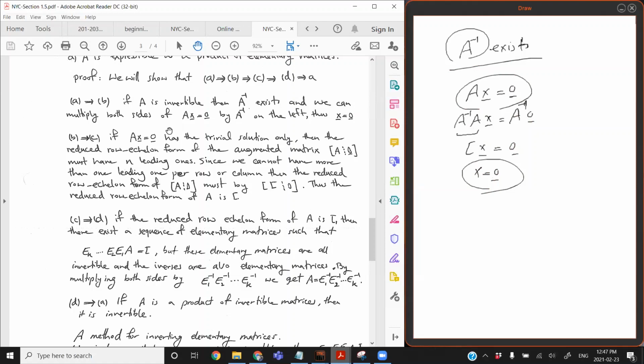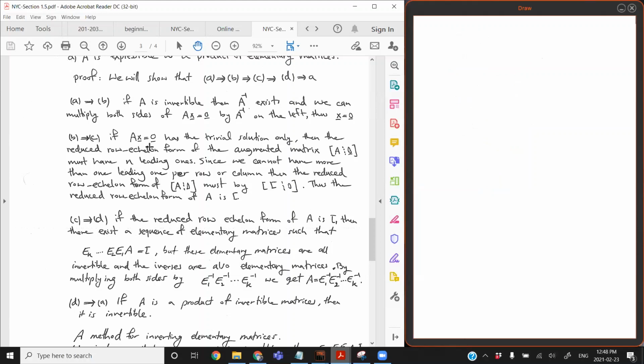Now, how does B imply C? At this point, we're going to assume that AX equals 0 has the trivial solution only.